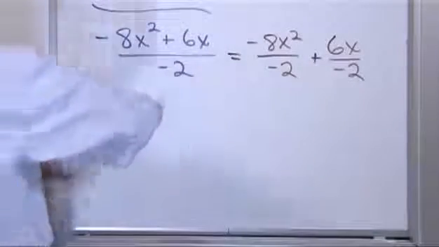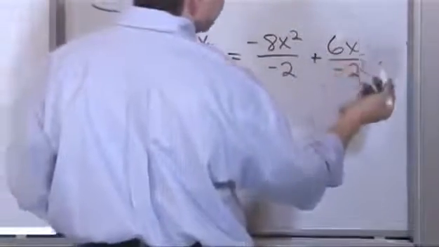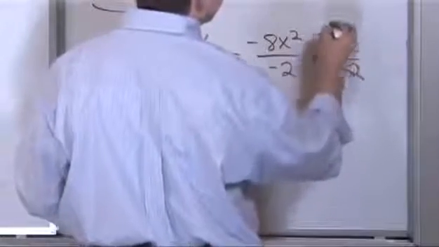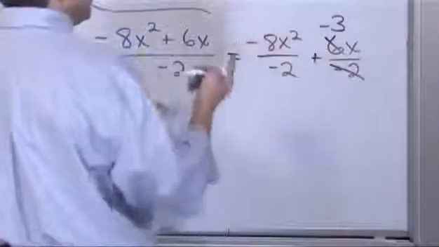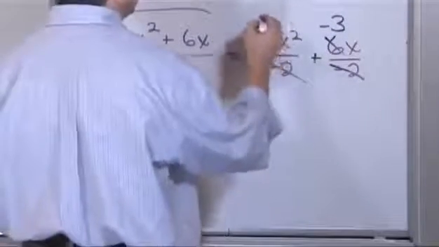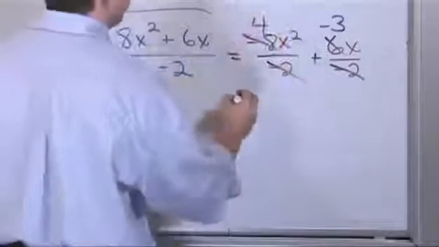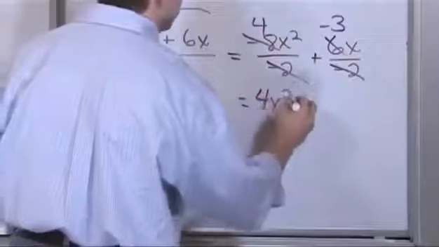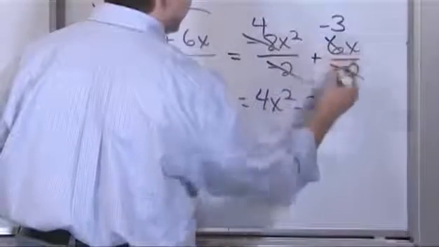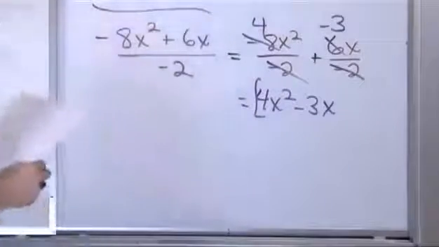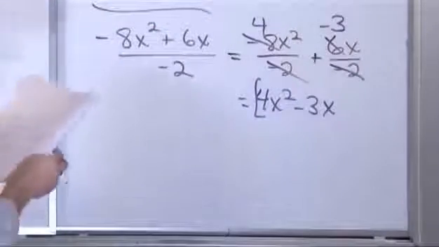So I'm going to do the same thing. I can divide by negative 2. So I can strike that out. When I divide 6 by negative 2, I get negative 3. Here I divide by negative 2. When I divide negative 8 by negative 2, I get positive 4. So I have 4x squared minus 3x. Don't forget your x. There's nothing in the bottom because I've canceled it all out. So I have 4x squared minus 3x.